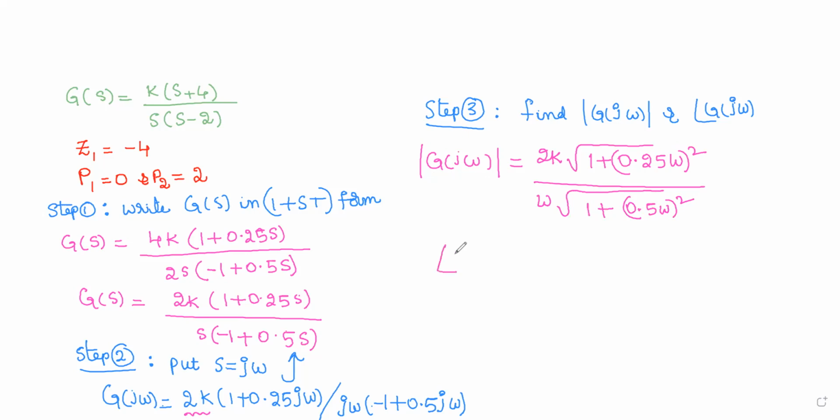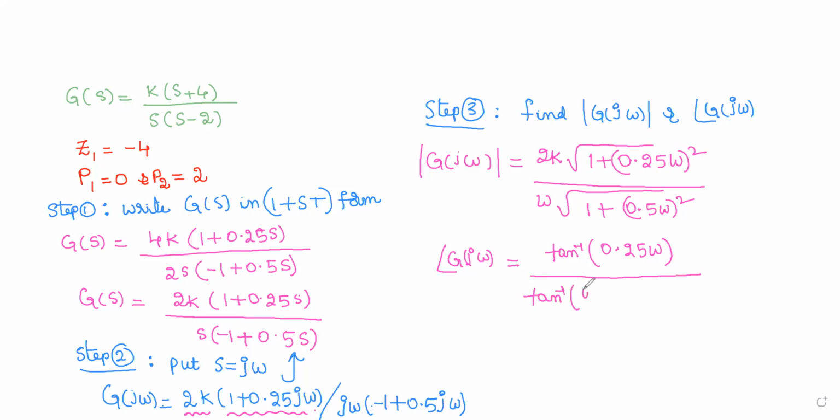Next, we'll try to find phase angle of G(j omega). So for this term, what is the phase angle here? Tan inverse imaginary by real. So 0.25 omega by 1. In the denominator portion, it is pure imaginary number. So for this, what is the phase angle here?